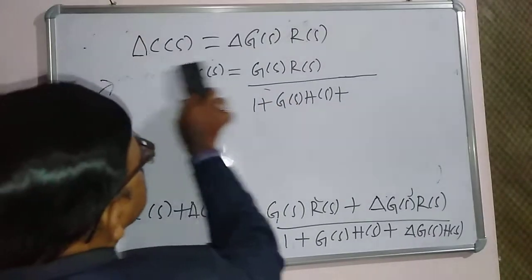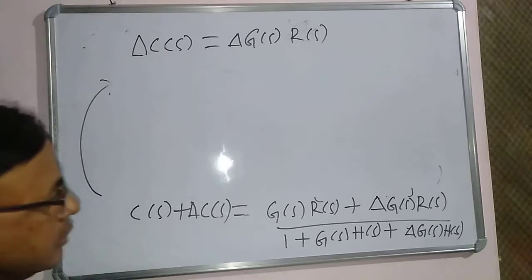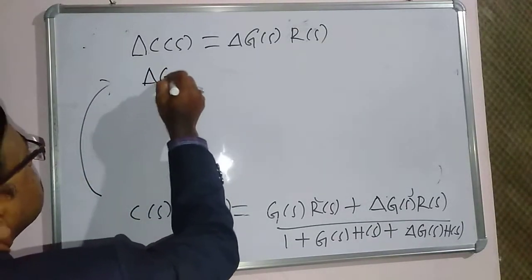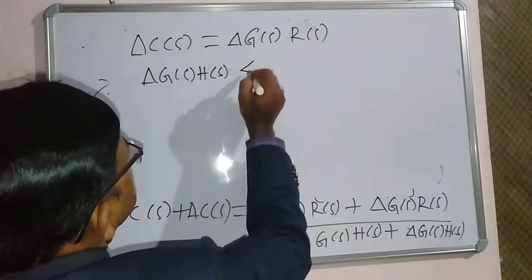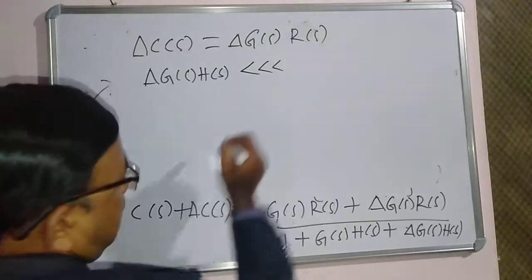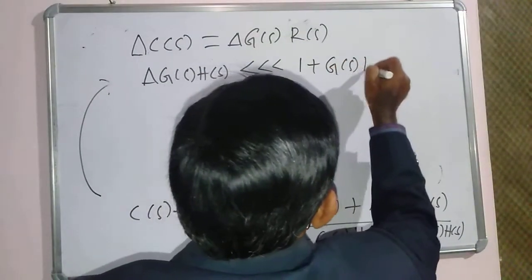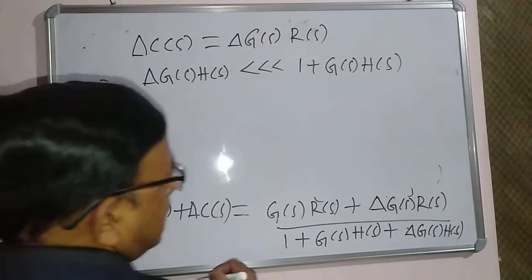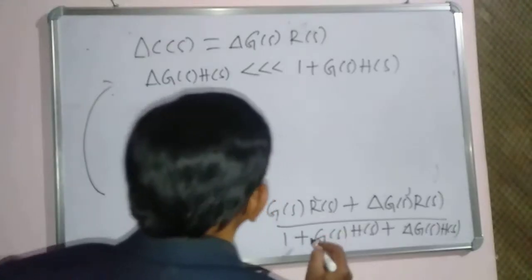So already we know that del G of S into H of S is much less than 1 plus G of S into H of S. Therefore, we can neglect this term.